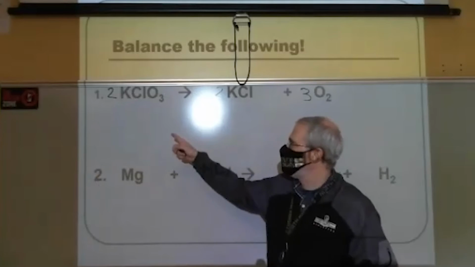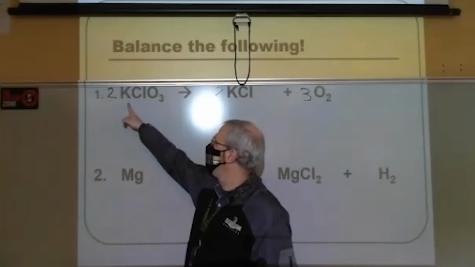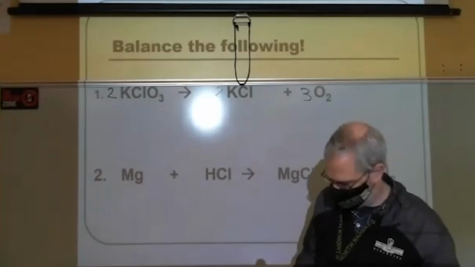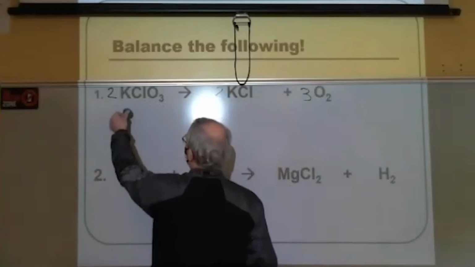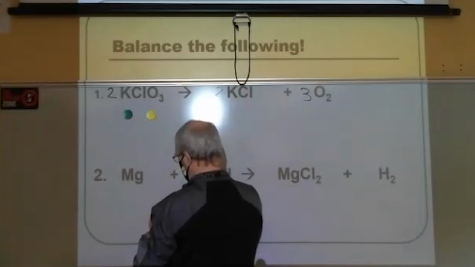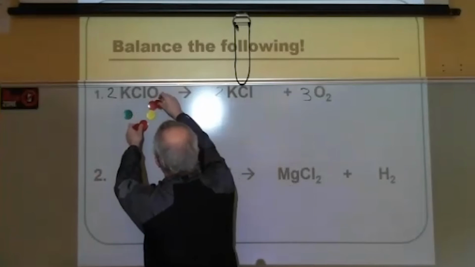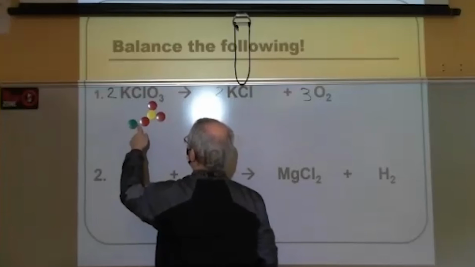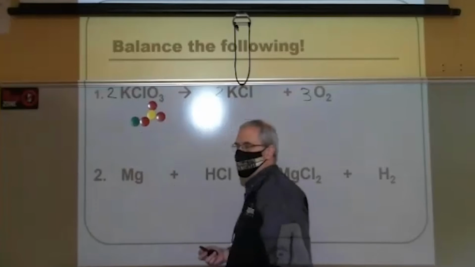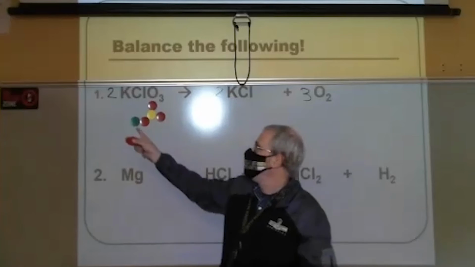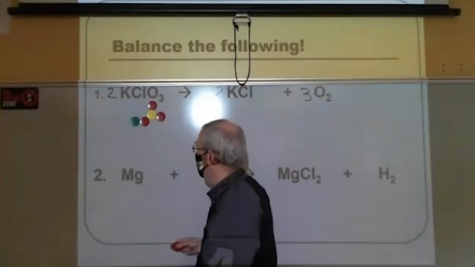I have a potassium and a chlorate ion. There's my potassium. There's my chlorine. My chlorine is surrounded by 3 oxygens in that chlorate ion. That's going to attach to one of those oxygens. That's my potassium chlorate molecule. I have 2 of them.